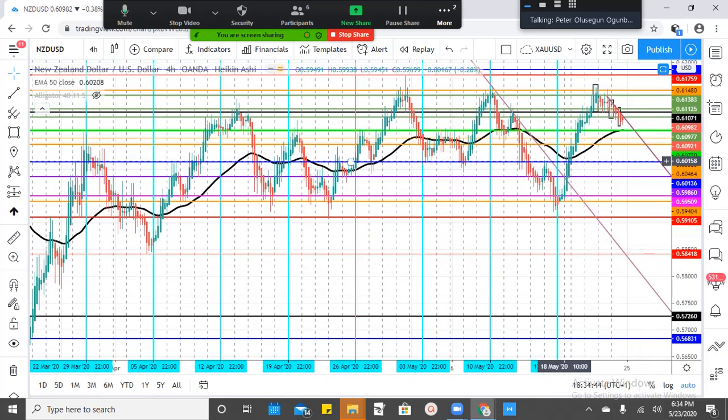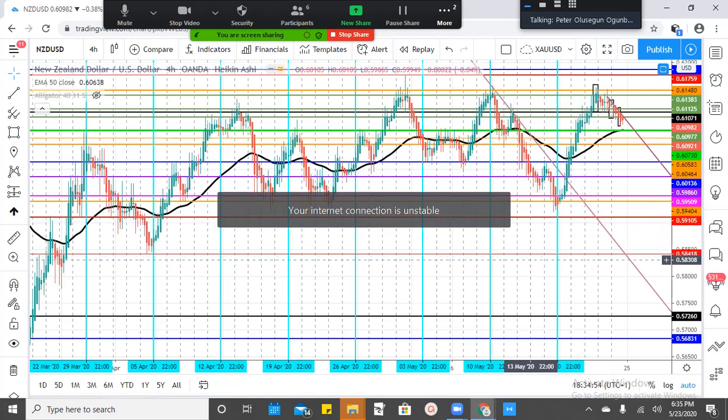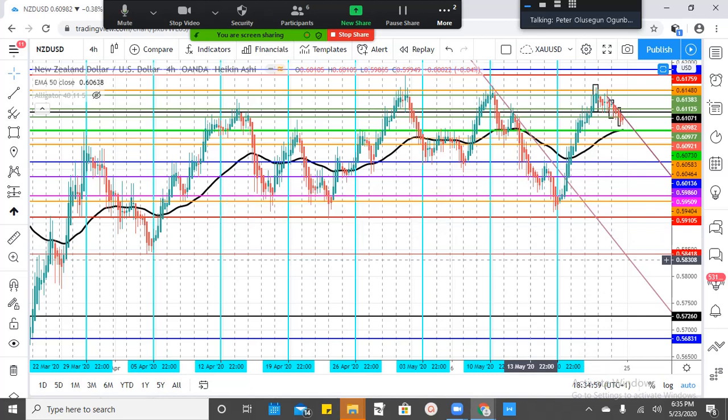Good. So price made it up here and bounced back. You can see the former trend I drew. Now see the former trend I drew. When we were buying, this is a trend I drew.